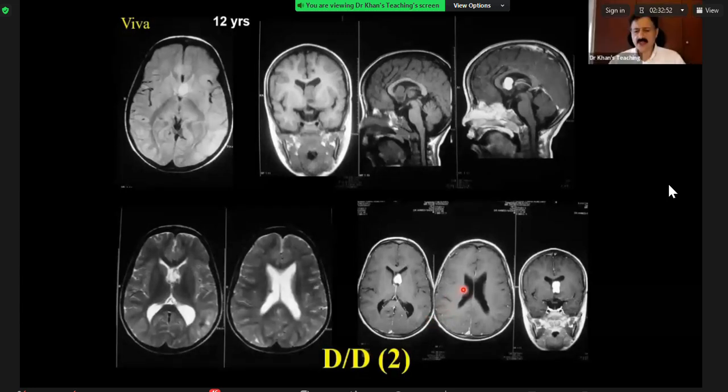Okay, so there is nothing there. As you have picked up, you can see a subependymal nodule here. You can see then on this T2, you can see high signal here in the cortex, in the white matter. Everything is explainable. So this is the classical location of the foramen of Monro, and the classical location of giant cell astrocytoma.